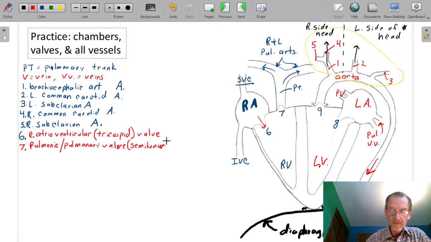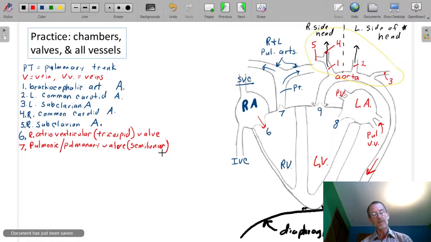Semilunar. But if you refer to it as the semilunar valve, you need to specify whether it's the right or the left. And this would be the right semilunar valve. I would probably just go with pulmonic or pulmonary valve because it's between the right ventricle and the pulmonary circulation.